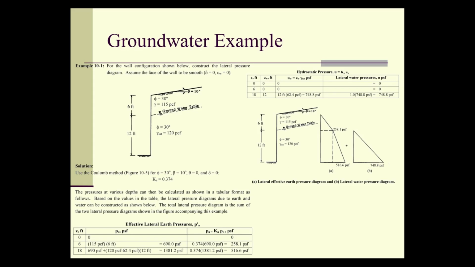All I do is I take that effective stress, multiply it by 0.374, the active earth pressure coefficient, and I get a lateral pressure at the groundwater table of 258.1 psf. Then I compute effective stress at the bottom of the wall at 1381, multiply that by 0.374 and get 516.6 psf. And those are all diagrammed on the right in A.